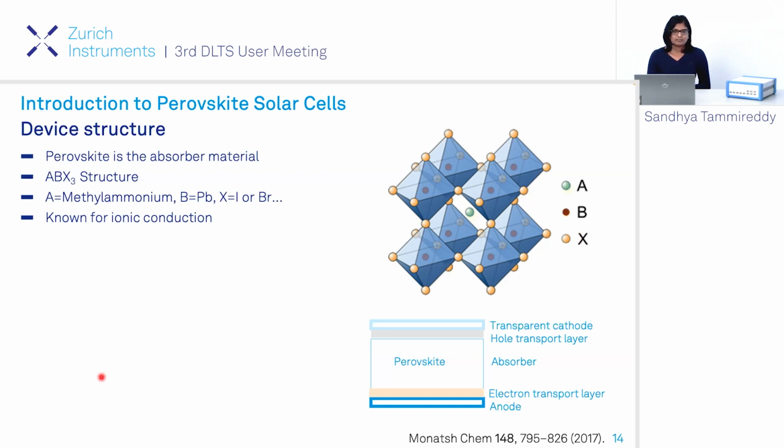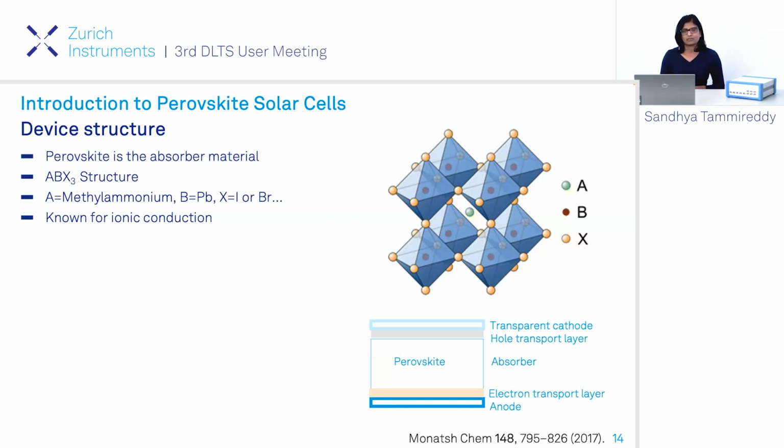When you have such defects, they cause certain abnormal behavior in the device, which is what we're going to see today. When you fabricate the device with such an absorber along with the transport layers, you have 2 different interfaces between the perovskite and the transport layers.